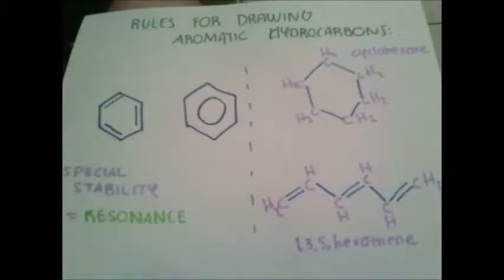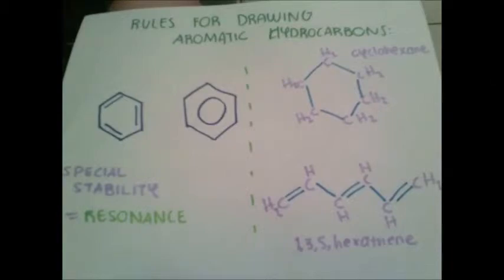Rules for drawing aromatic hydrocarbons. The first thing to know about aromatic hydrocarbon structures is that the main characteristic is the form of a ring.